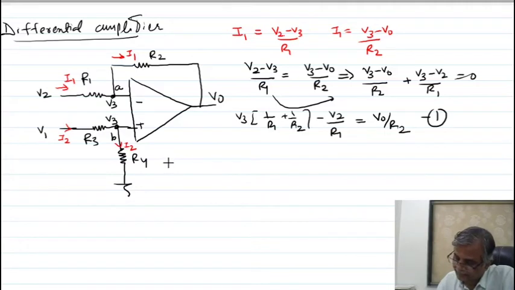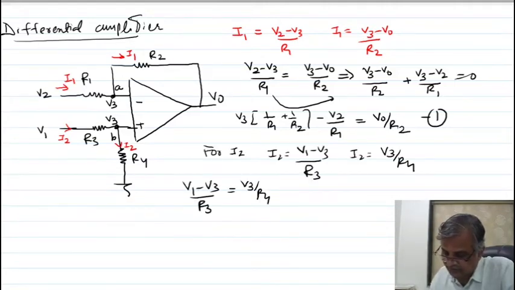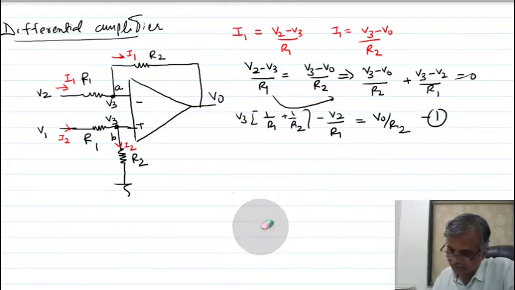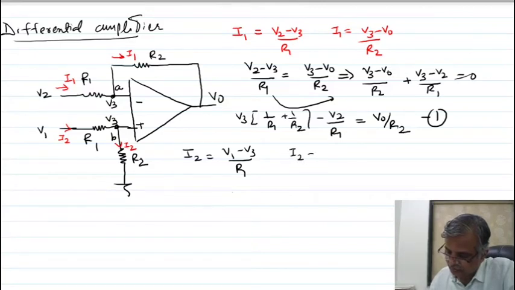Now, I have written this for this circuit. Now let us write for the other. Listen, I2 I can write as (V1 minus V3) upon R1. I2 also I can write as V3 upon R2.